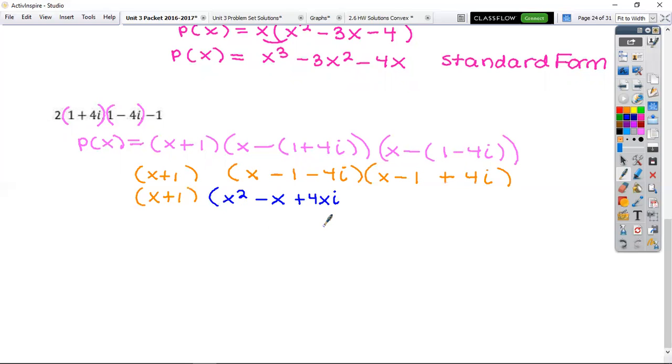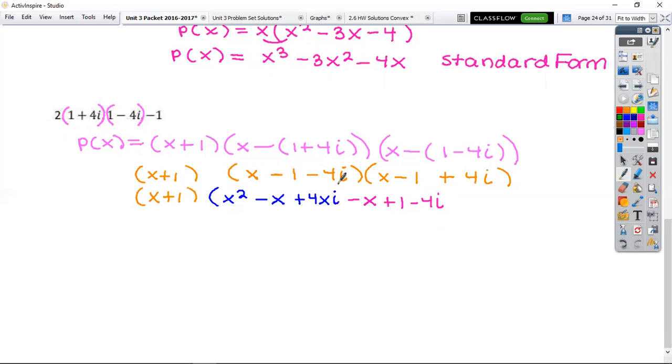Okay, so the first term's done. Now I go to the -1, and the -1 goes everywhere. So -1 times x is minus x. -1 times -1 is positive 1. And then -1 times 4i is minus 4i. And then last. So now I'm going to take the -4i and distribute it to all three as well.